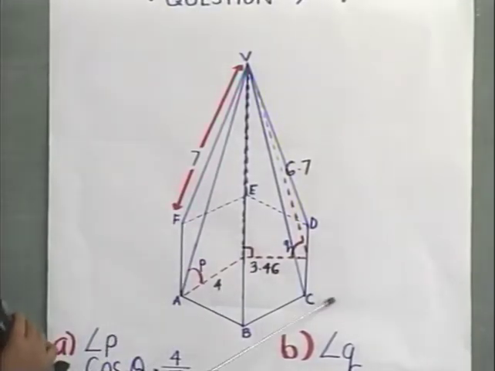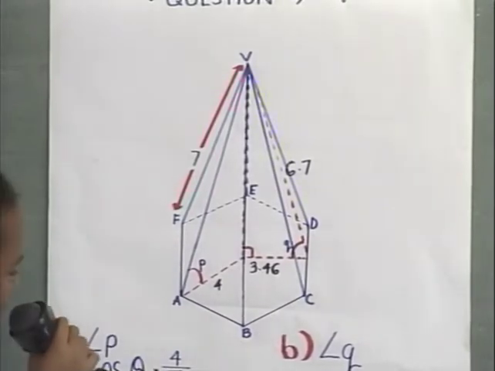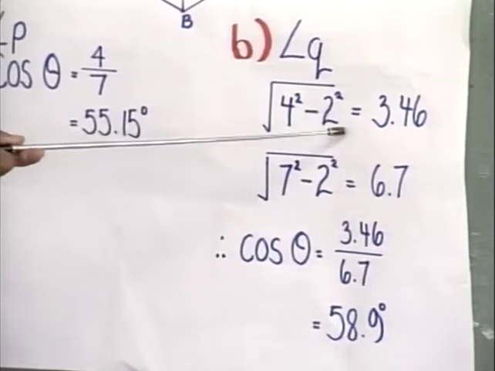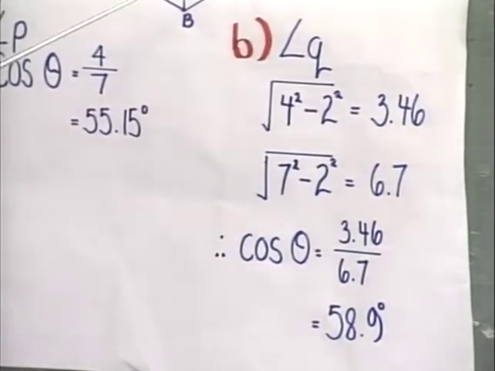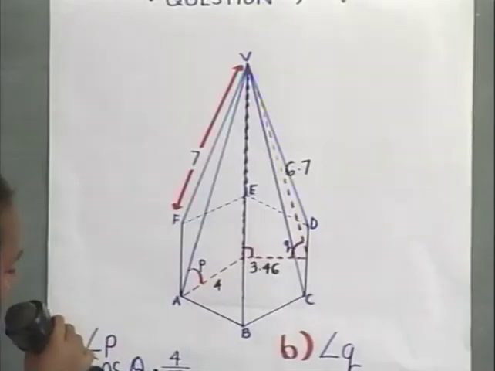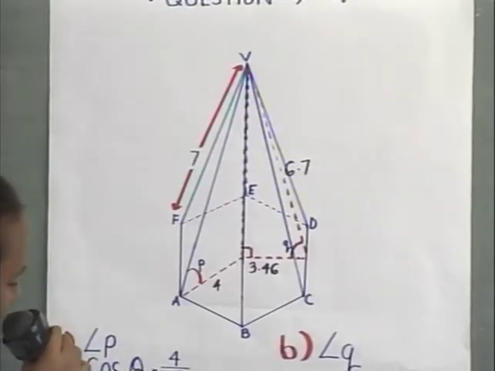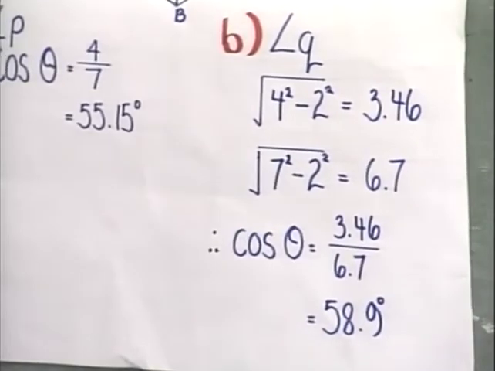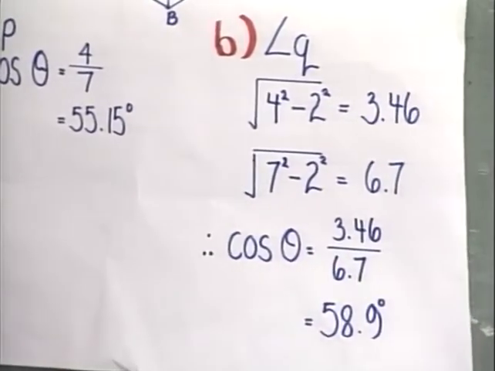And to get this length, we get the square root of 4 squared minus 2 squared, which equals 3.46. So to get this angle, cos theta equals 3.46 over 6.7, which gives us 58.9 degrees.